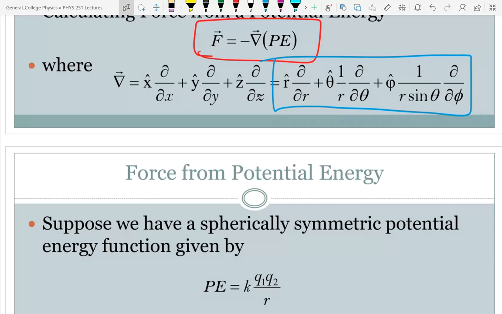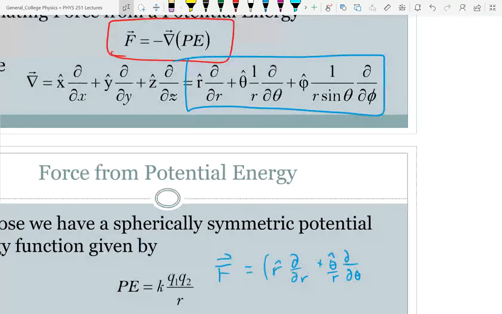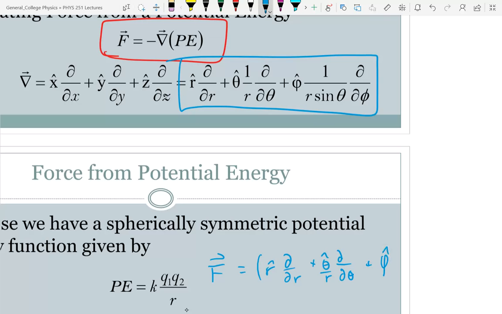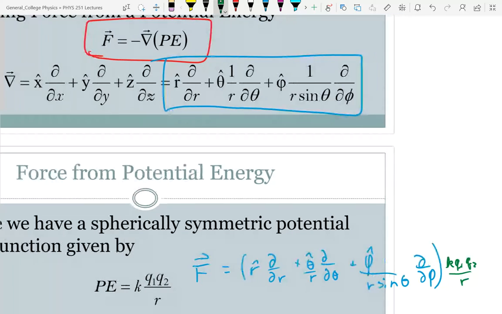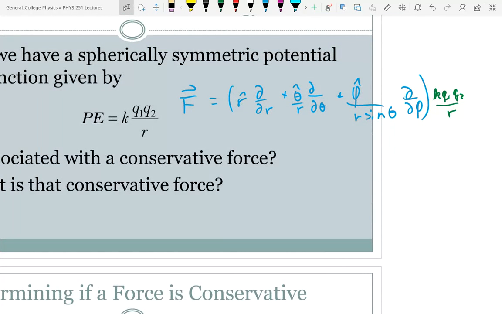So doing the work, there's the equation that I need to evaluate.